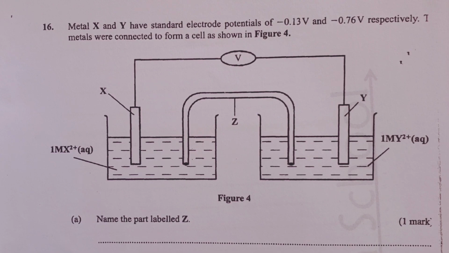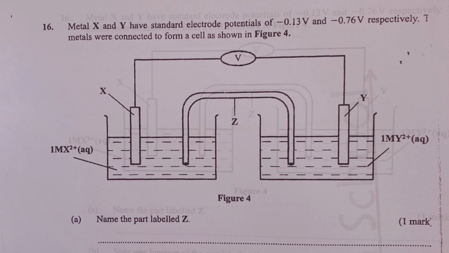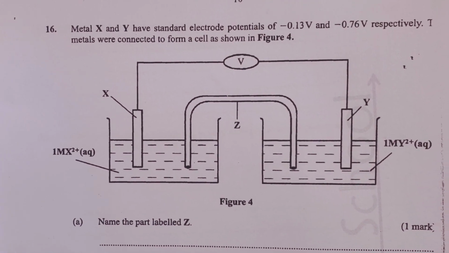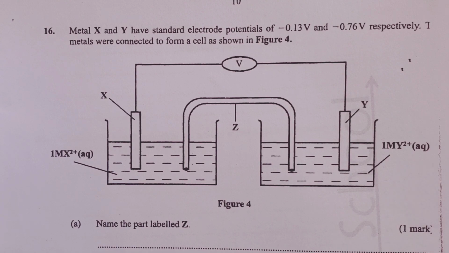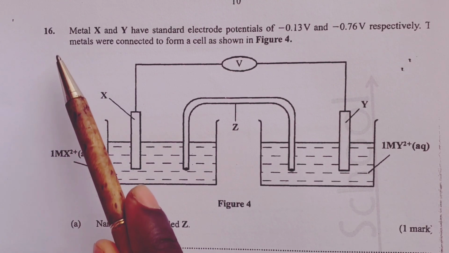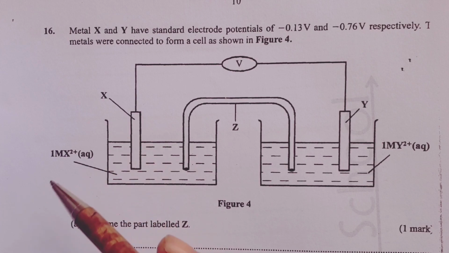In this short video, we take a journey through testing of the topic from the year 2018 to the year 2022 in Chemistry Paper 1, paper code 233/1. We begin with the year 2018, and this is question number 16.